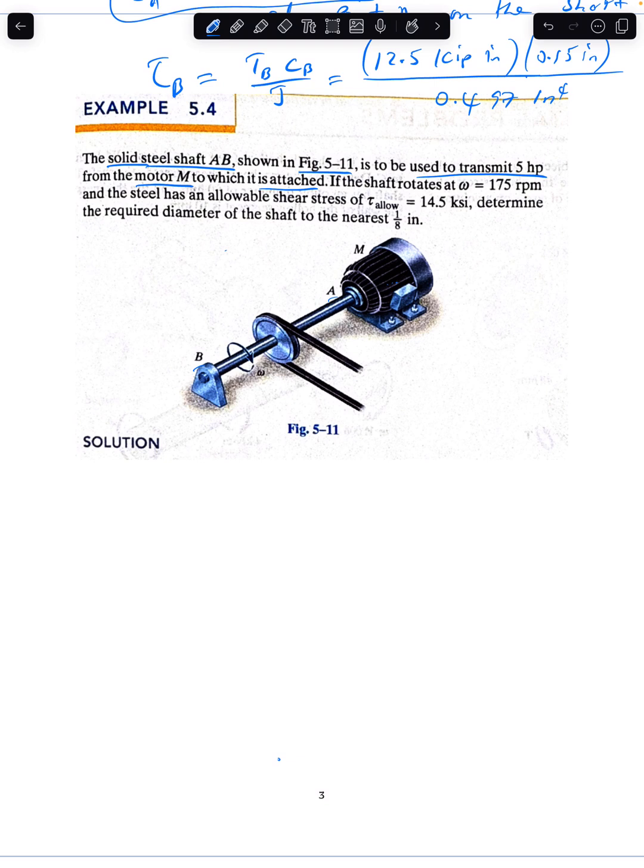If the shaft rotates at an angular velocity of 175 revolutions per minute and the steel has an allowable shear stress of 14.5 ksi, determine the required diameter of the shaft to the nearest 1/8 inches.